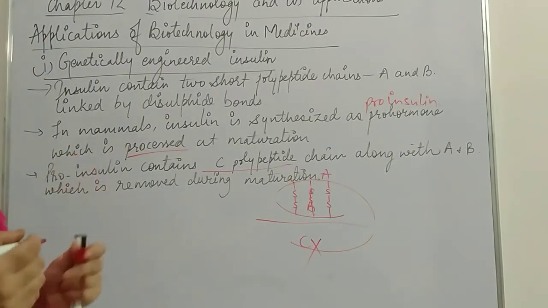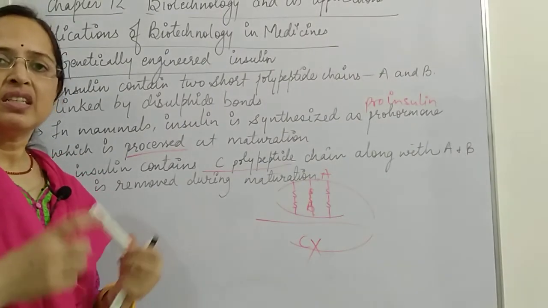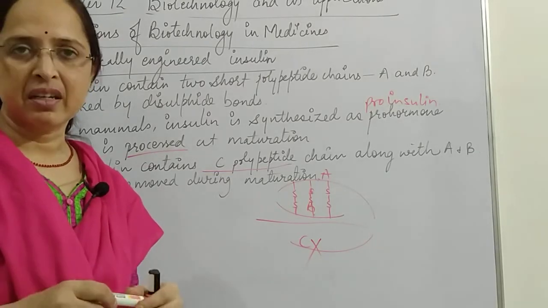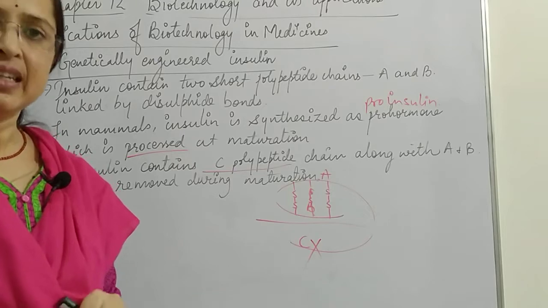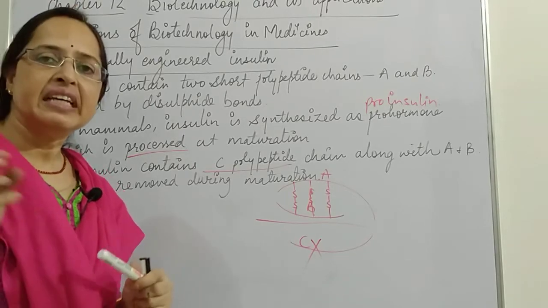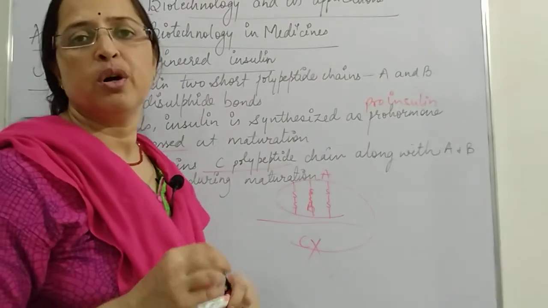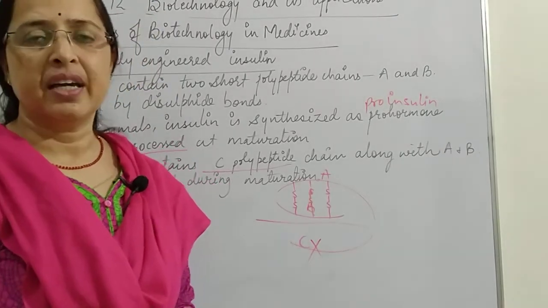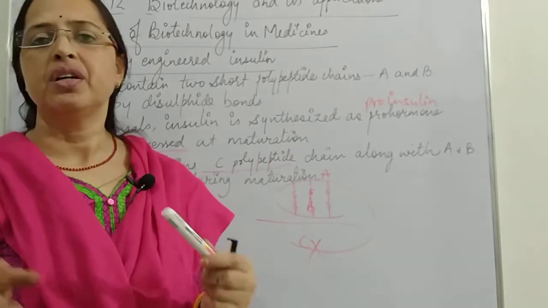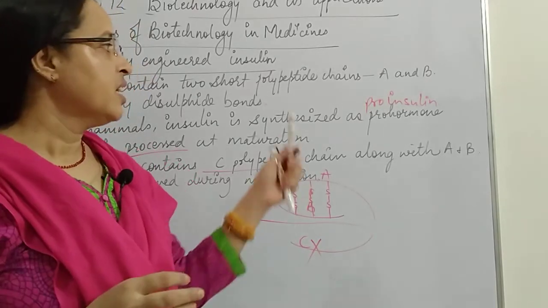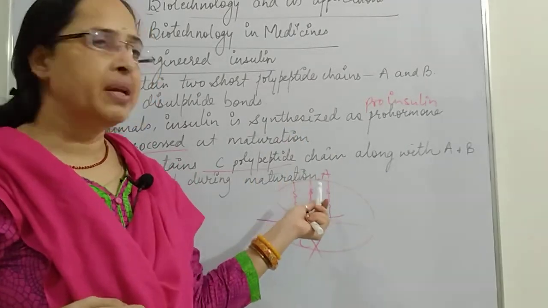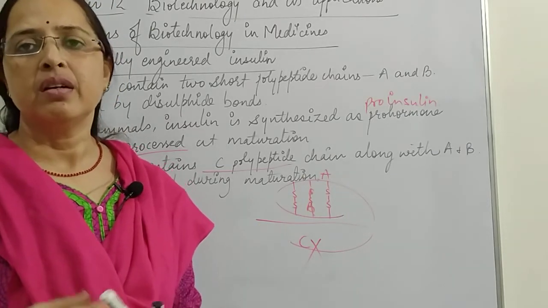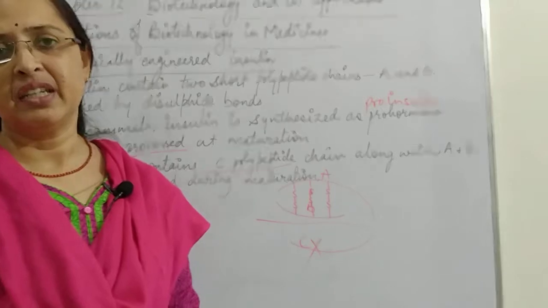Insulin was first artificially produced by the American company Eli Lilly, in which the insulin-specific genes were incorporated into the plasmid of E. coli so that these two polypeptide chains A and B were formed in the bacteria.